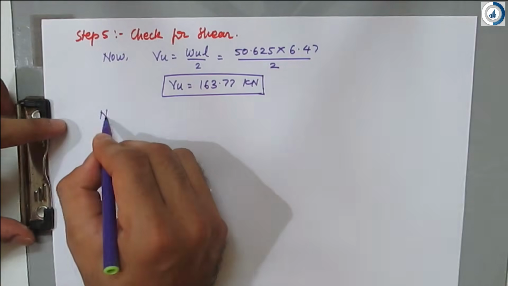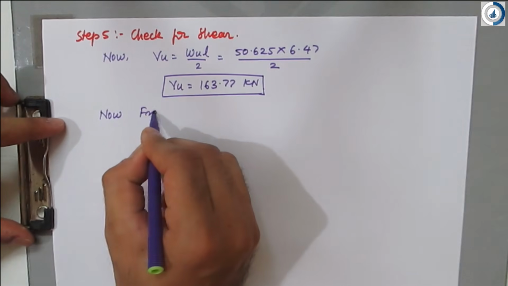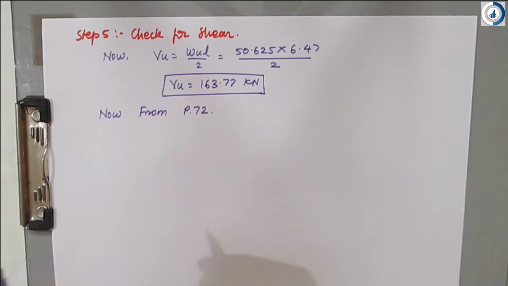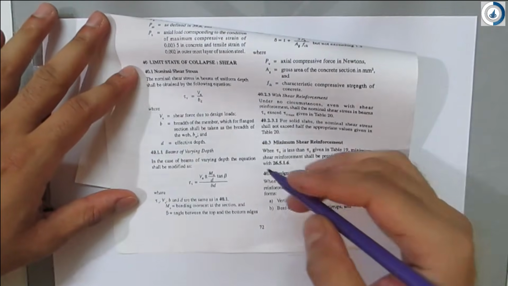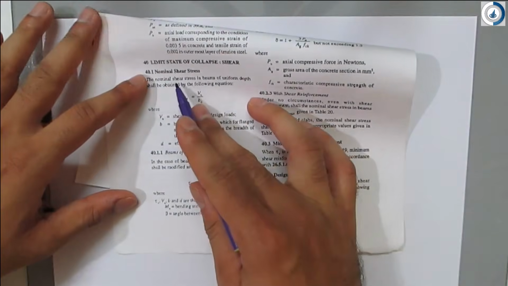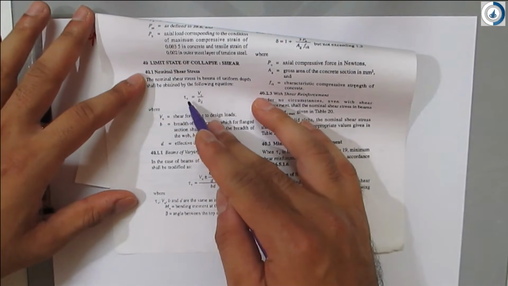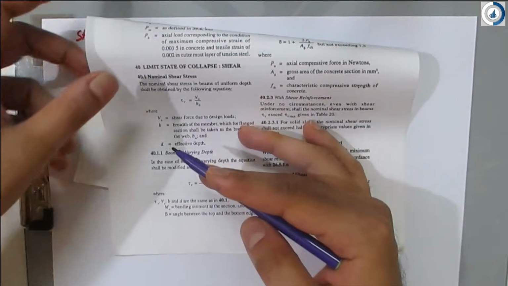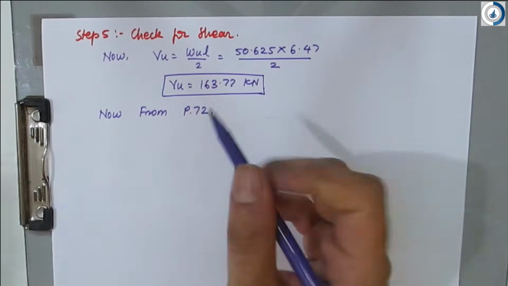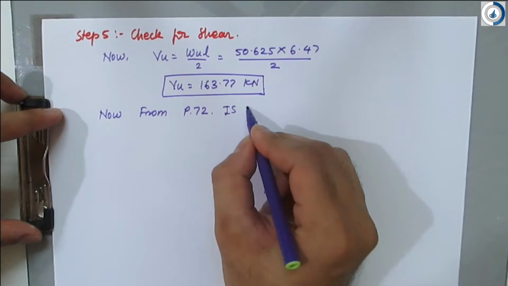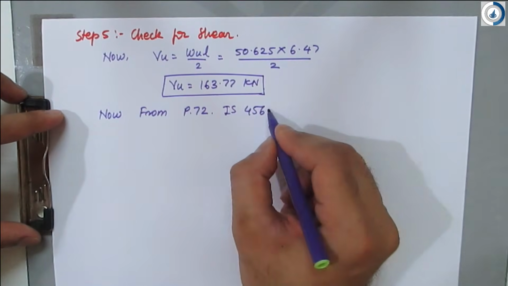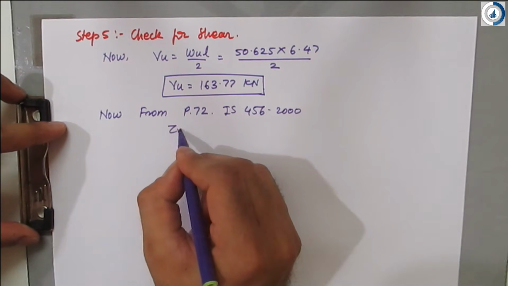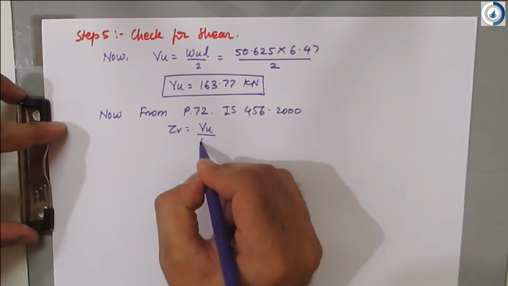Now from page 72, again from IS 456 2000, you have to first calculate the nominal shear stress, that is tau V equals VU by BD. Page number 72, IS 456 2000, tau V equals VU by BD.